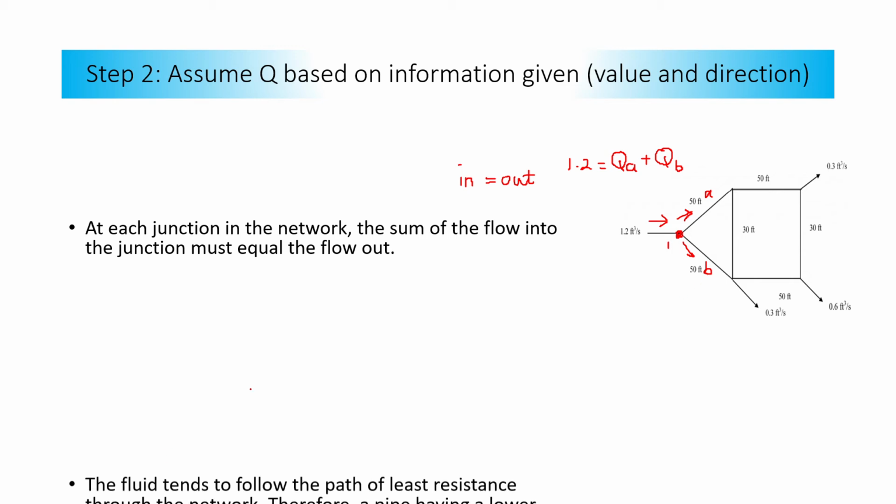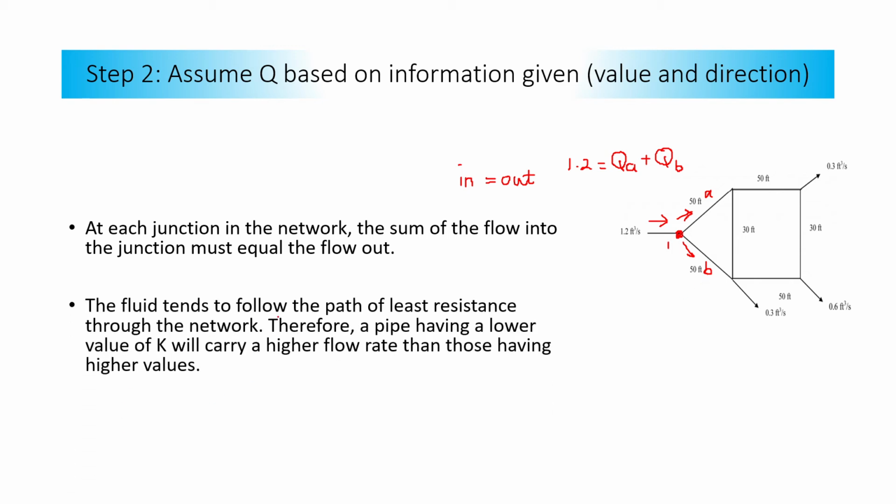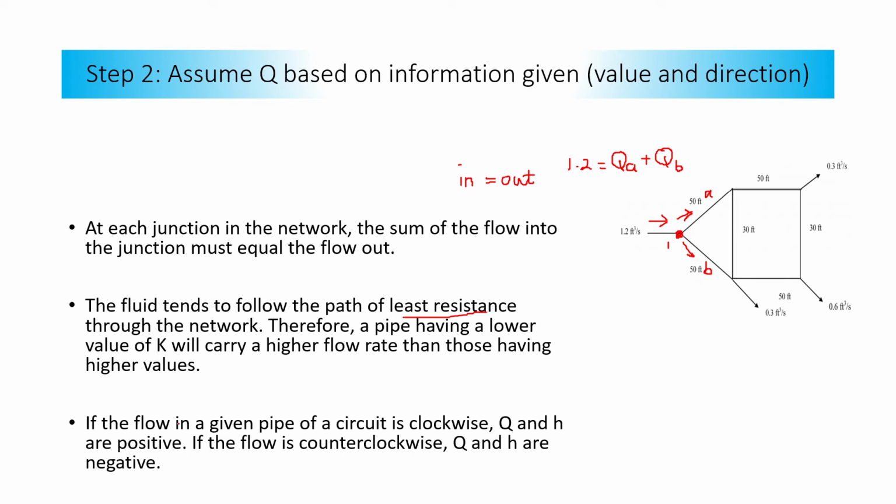The flow tends to follow the path of least resistance through the network. Therefore, a pipe having a lower value of K will carry a higher flow rate than those having higher values. So this is common sense. Senang cerita macam ni. Dekat laluan mana yang paling tak ada halangan, dekat situlah paling besar Q. Finally, if the flow in a given pipe of a circuit is clockwise, Q and H are positive.